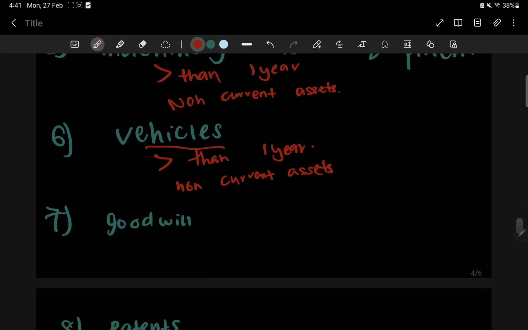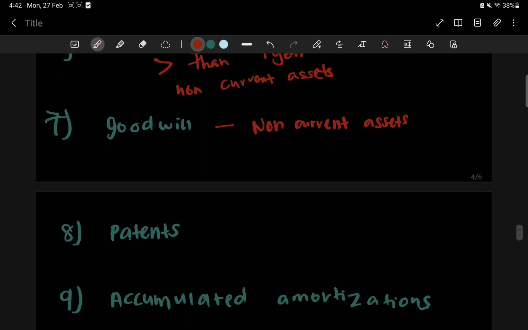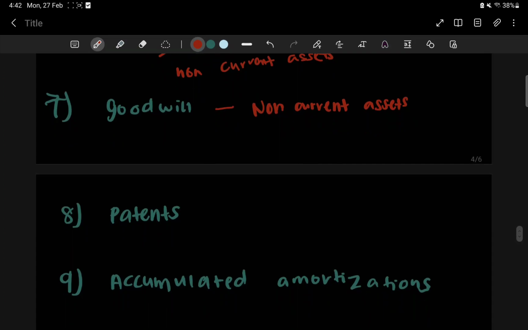How about number 7? Number 7 is goodwill. When we talk about goodwill, it will be a non-current asset, because it's for long-term business investments. For example, property, plant and equipment, goodwill or other intangible assets are considered non-current assets. How about the patents?